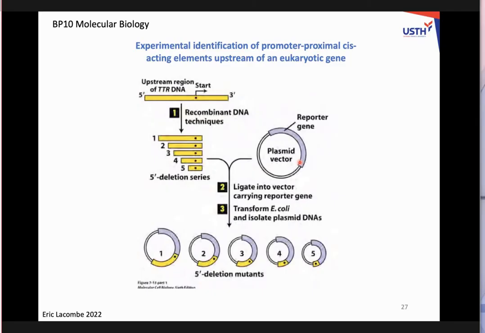Anyway, a reporter gene is a reporter that will allow you to monitor the sites and the inducibility of the promoter that you are studying. So the strategy is relatively simple. You take what we call a full-length promoter, and the biggest difficulty here is to define what we call a full-length promoter. In general, but it's not always the case.